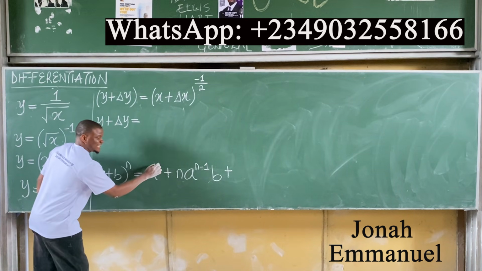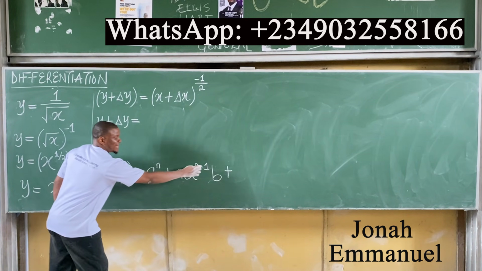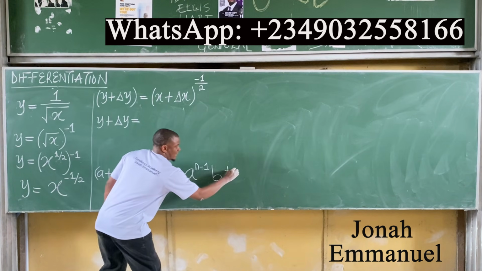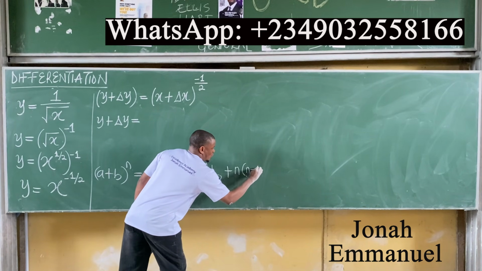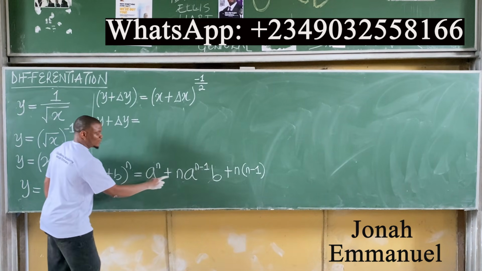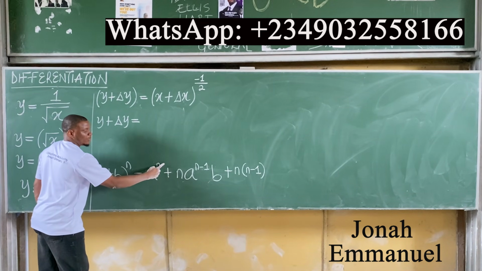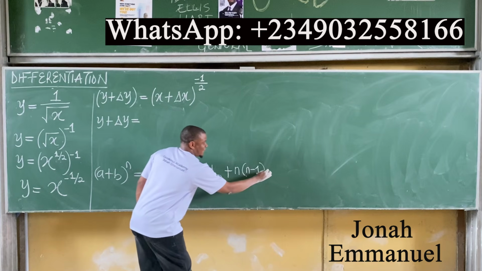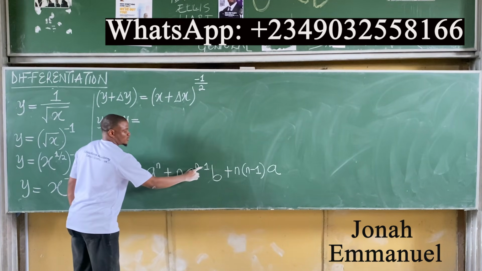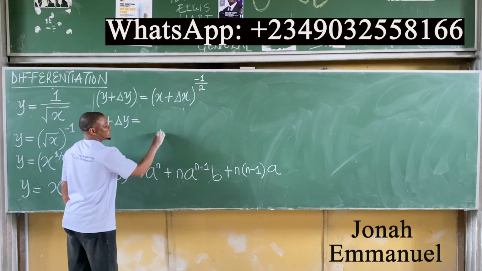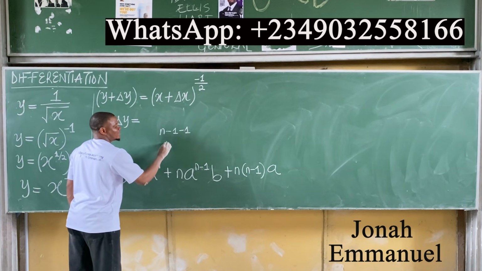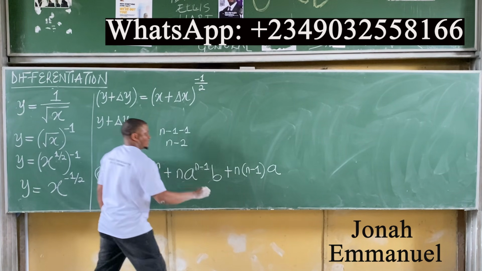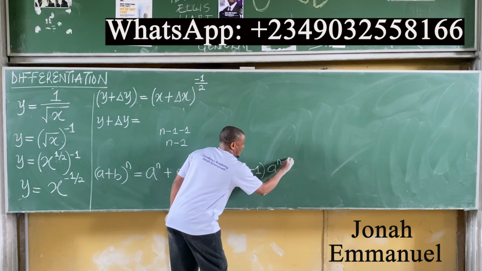Okay. Now we said this part came down, we had n. Bring this part down here. What do you have there? N into n minus 1. What happened to A here? I reduced the power by 1, n minus 1. So if you have A here, this is n minus 1. Reduce 1 from here, that becomes n minus 2.